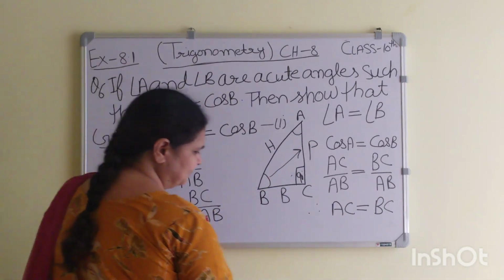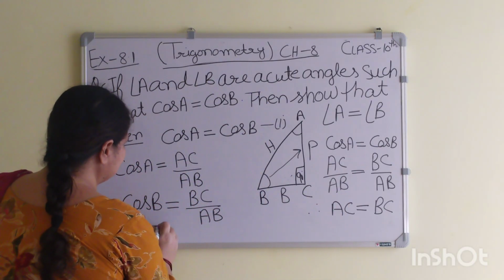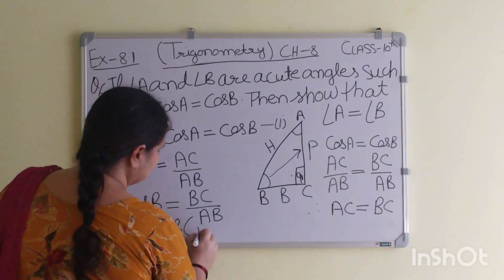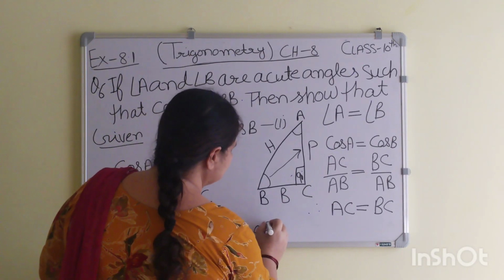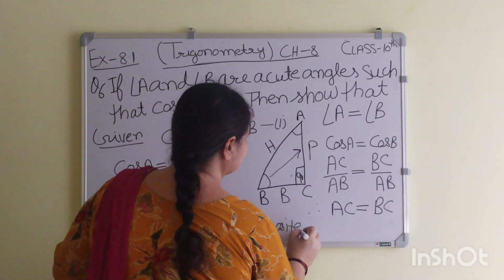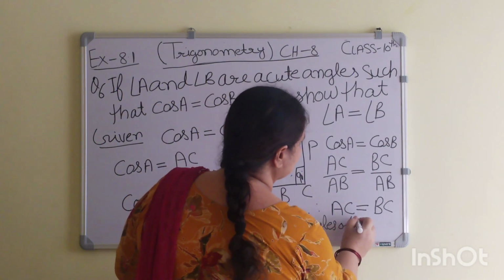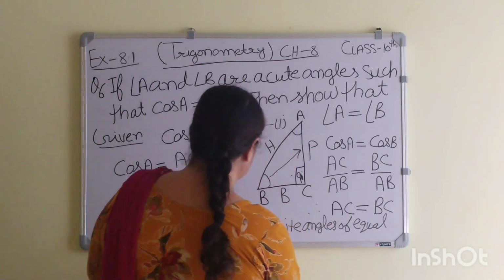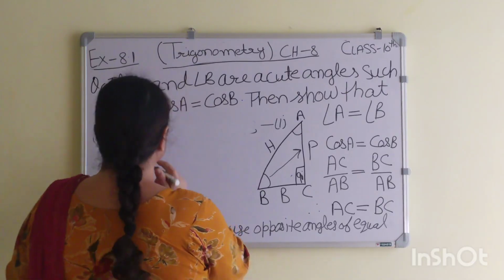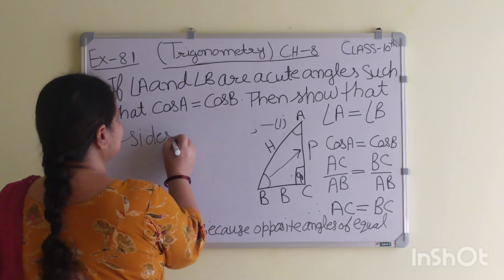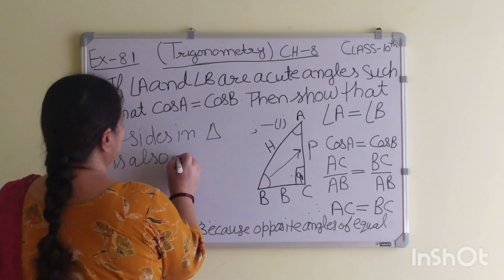So we can write angle A is equal to angle B because opposite angles of equal sides in a triangle are also equal.